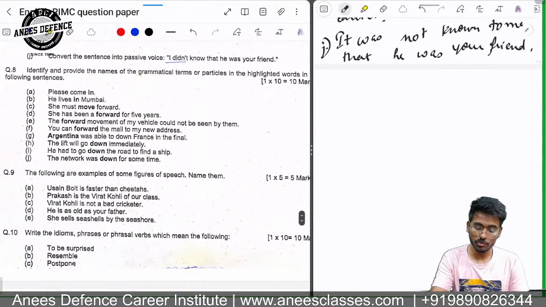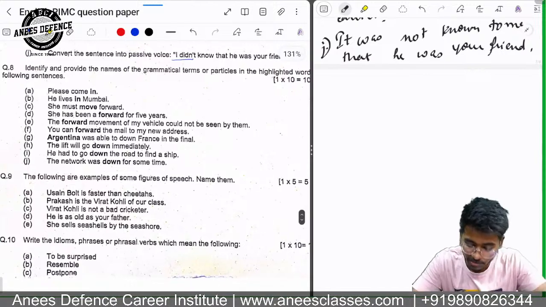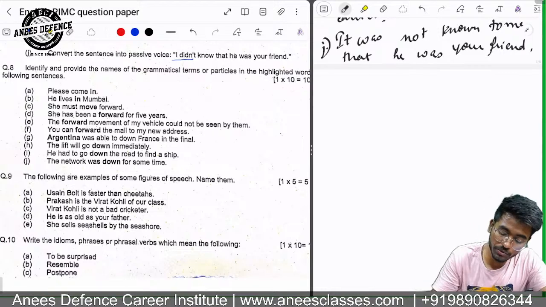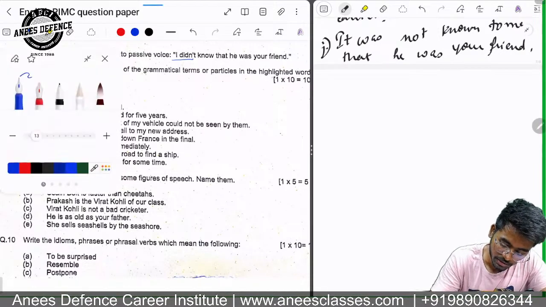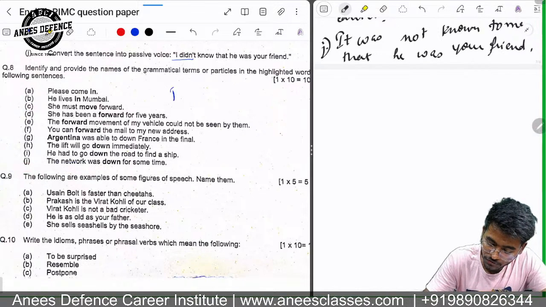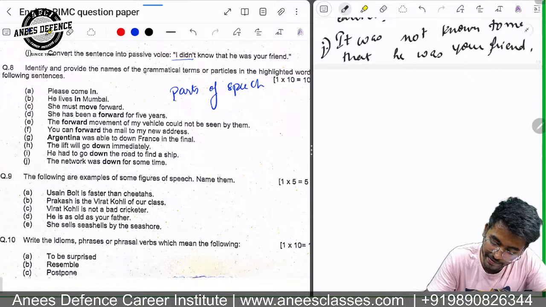Now this is a very interesting topic over here. Identify and provide the names of the grammatical terms or particles in the highlighted word in the following sentences. Basically what you need to do here is tell them the parts of speech of the highlighted words.